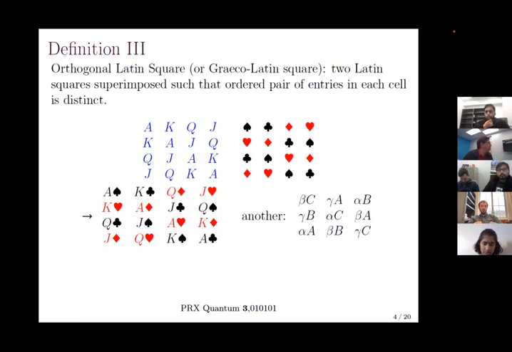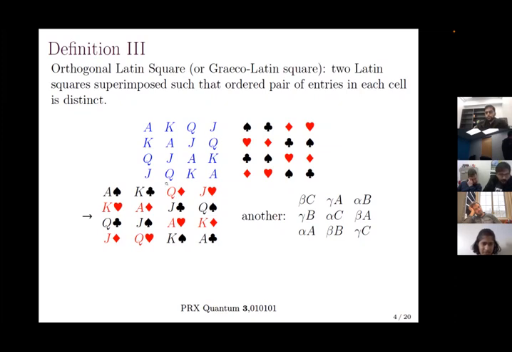Now we move to orthogonal Latin squares. The way I have formatted this slide, there are several definitions, but feel free to stop me if anything is not clear, because it is a bit involved. So what is an orthogonal Latin square? It is two Latin squares superimposed on each other such that all the ordered pairs of entries in each cell are distinct.